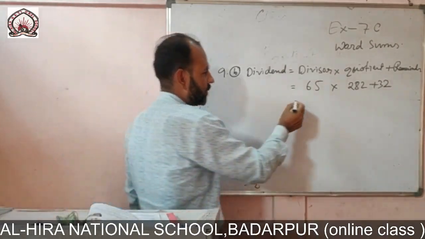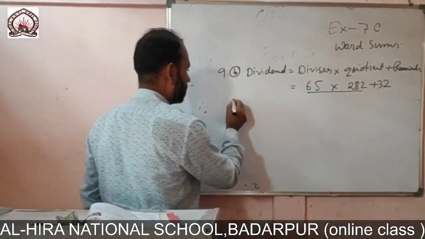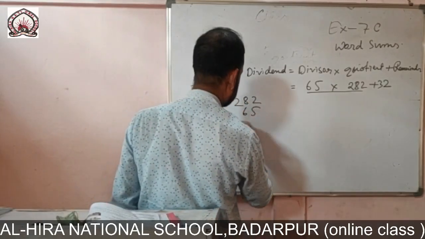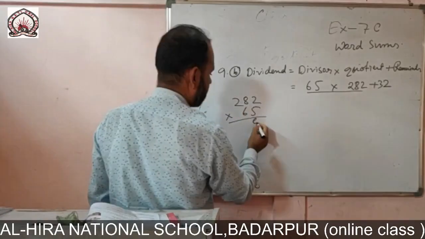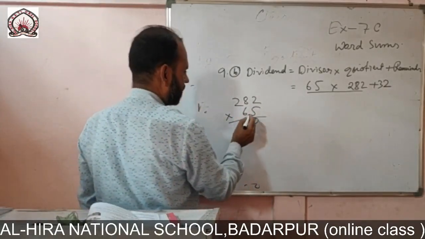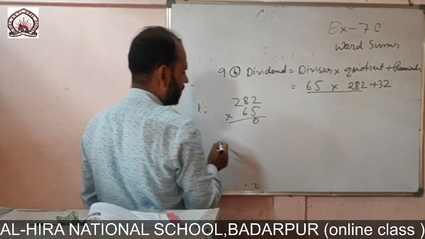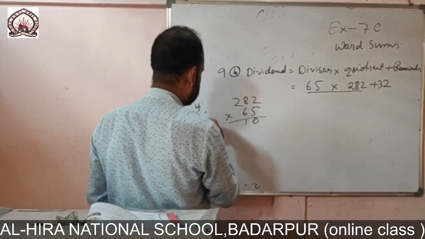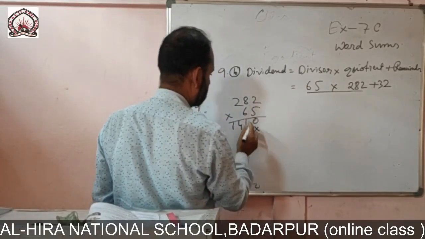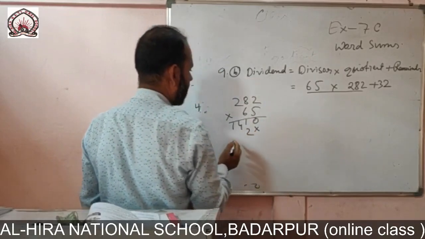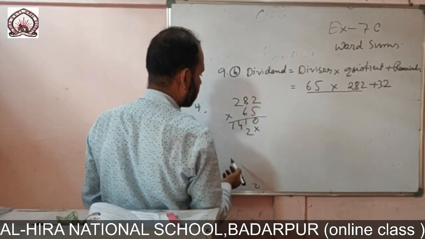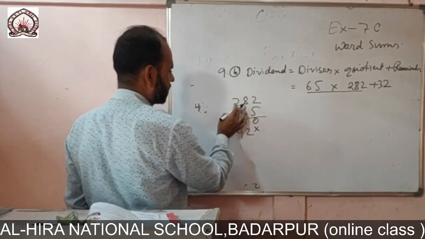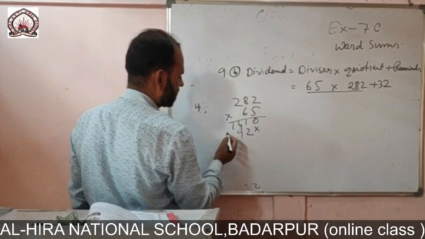First, we multiply these two. 282 into 65. 5 2s are 10, 0, 1 in my hand. 5 8s are 40, 41, 4 in my hand. 5 2s are 10, 14. Into 6: 6 2s are 12, 2, 1 in my hand. 6 8s are 48, 49, 9, 4 in my hand. 6 2s are 12, plus 4, 16.